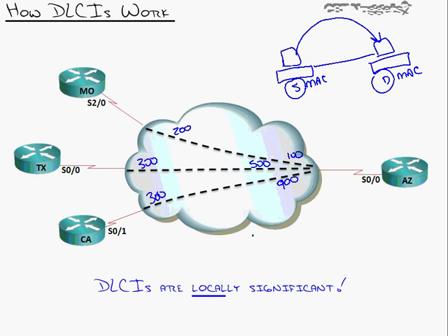Now, the last thing I'll say, I was trying to think of where I was going next. Last thing I'll say is a lot of questions come in of what really happens in that cloud. What I'll say here is what happens in the cloud stays in the cloud. Let's just leave it at that. I'll tell you, technically, behind the scenes, when you get into that service provider, they tear this DLCI off and throw it away.